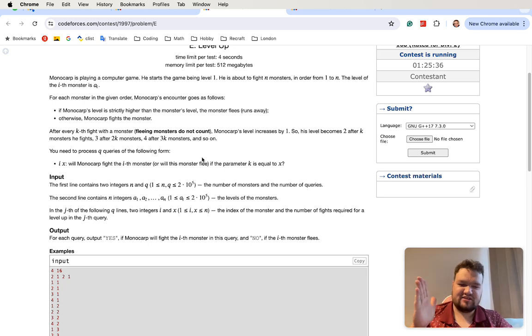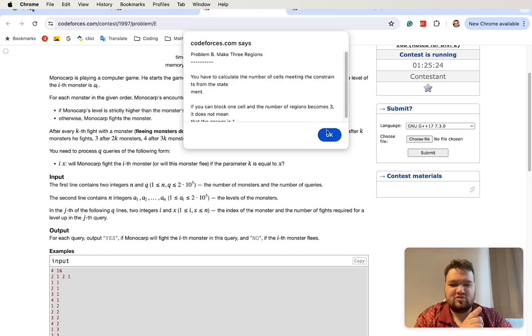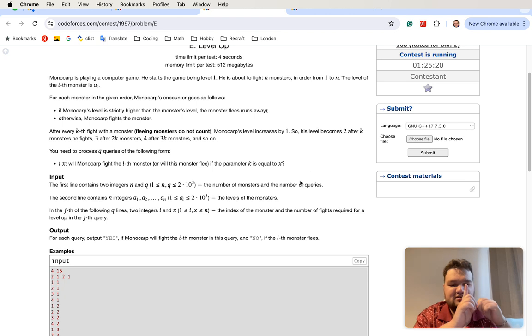So we start at level 1, now we fight everyone. We want to understand when we will level up. Well, that will happen after k fights. After k fights, we have level 2, so all the monsters with level 1 will run away.